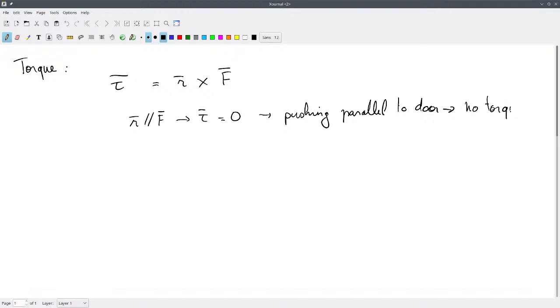We also, of course, see that if we push at a larger distance r, then the torque will be larger. If we push with a larger force, then the torque will be larger as well. When is the torque largest? If I fix the point where I push, if I fix the vector r, and if I fix the magnitude of my force, well, that will be when the force and the position where I push are perpendicular to each other.